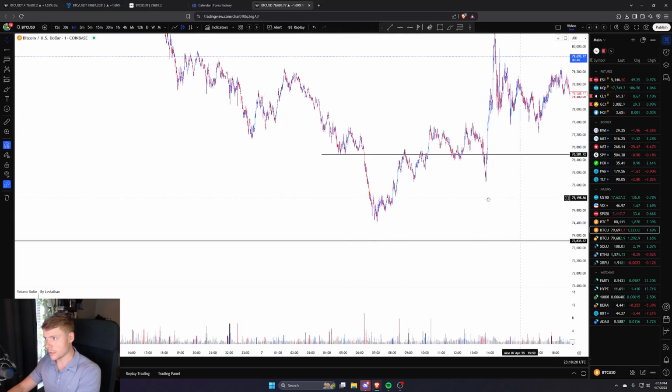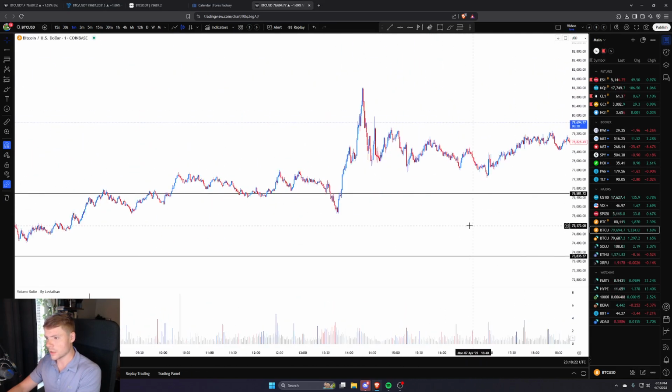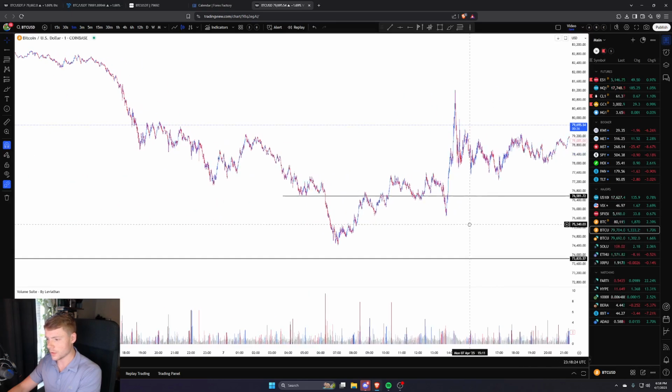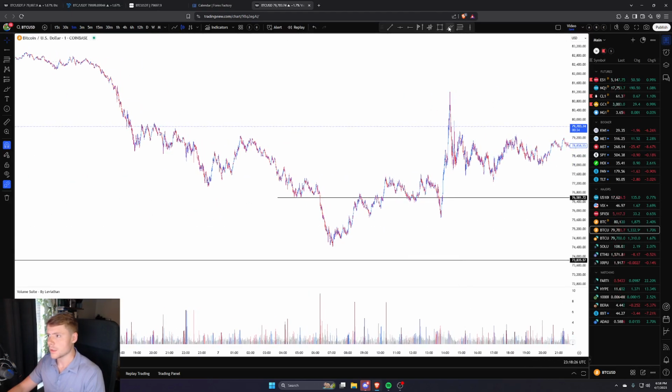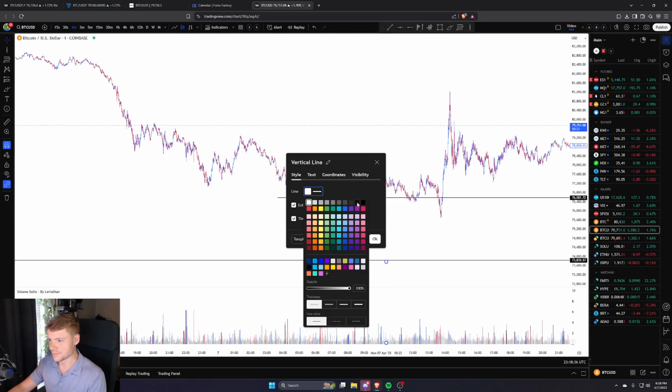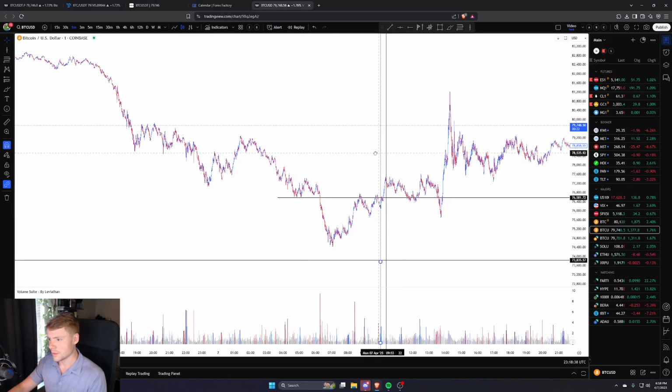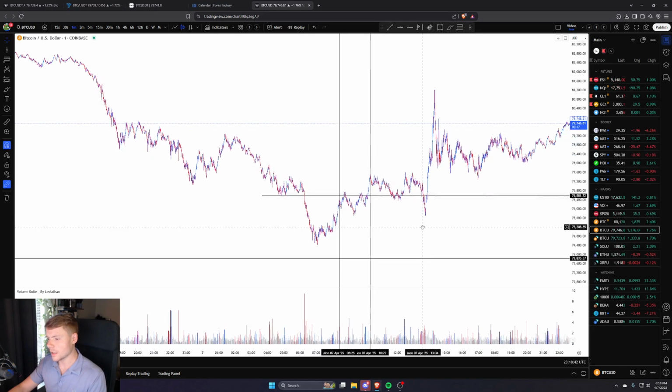All right, I do also want to go over this move here intraday. What you guys can see here is if I just mark out where we get the high volume, and of course it's white, you can see how it... obviously I'm cherry picking.